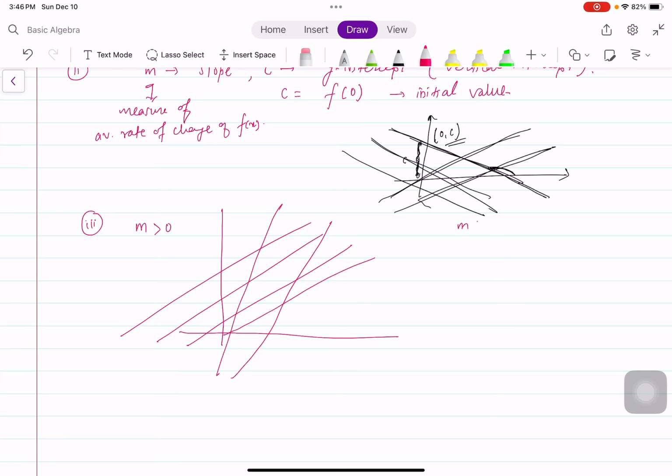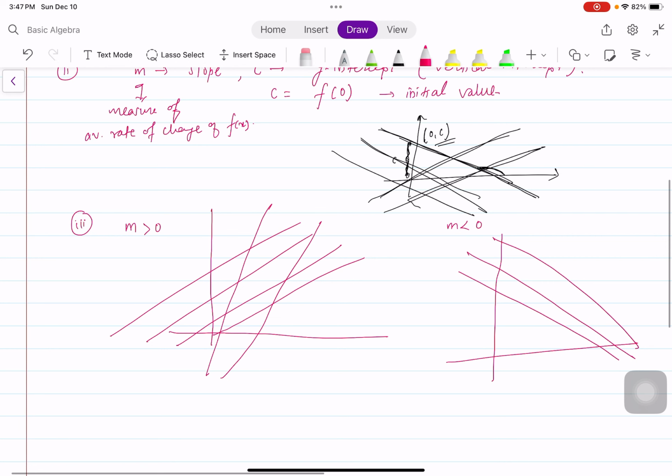And if m is negative, the line is always in this fashion. These lines have negative slopes, these lines have positive slopes. So remember the nature of these lines.